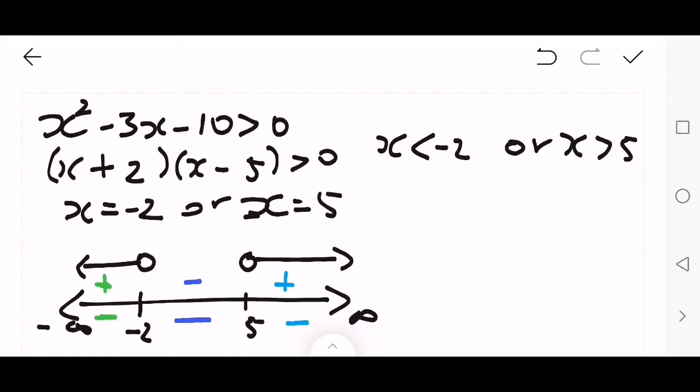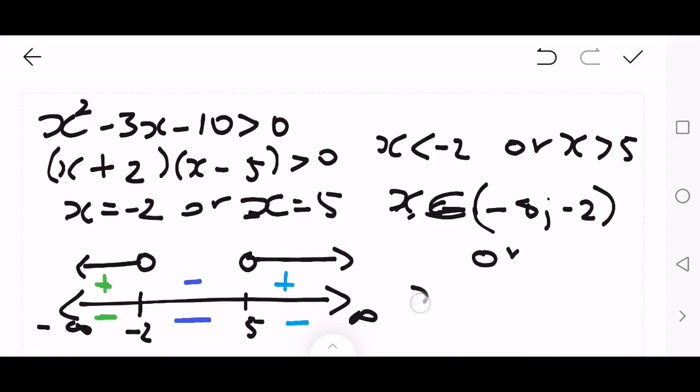or you can say x is an element of minus infinity to minus 2, or x is an element of the interval starting from 5 to infinity.